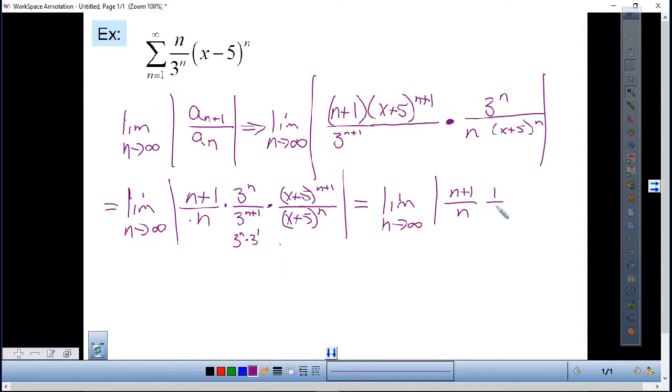Either way you think about it, that middle fraction simplifies to 1/3. All right, and then this last one here, I have a similar situation. I've got one more x plus 5 on top than I do on bottom. So I know I'm going to have x plus 5, and you can put that over 1, or you can just write it there.